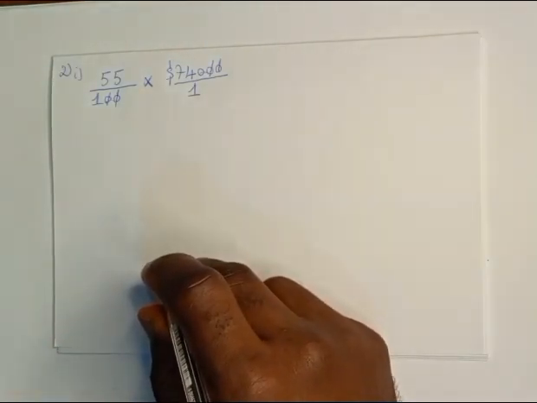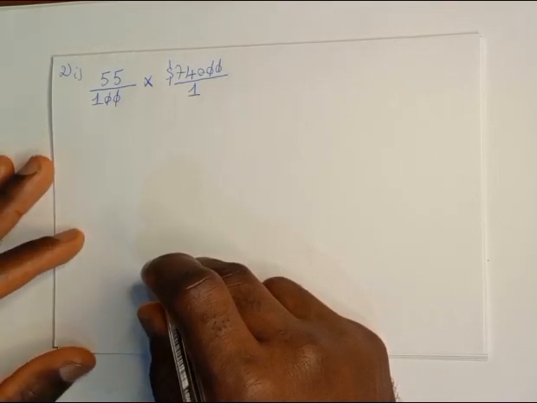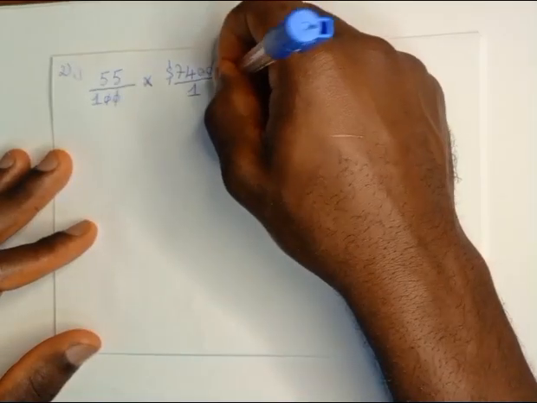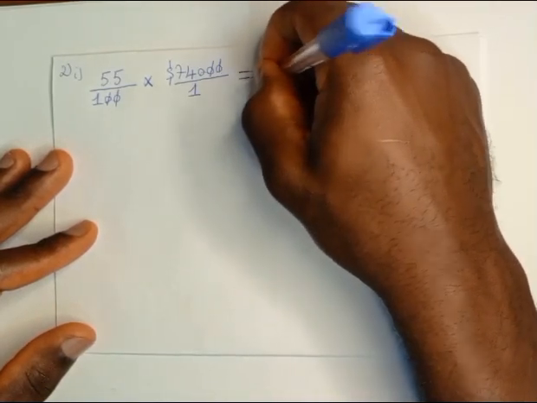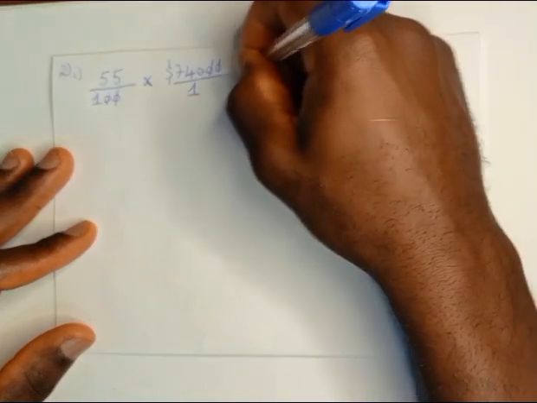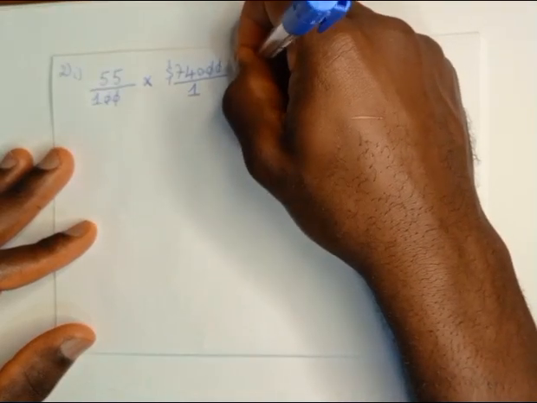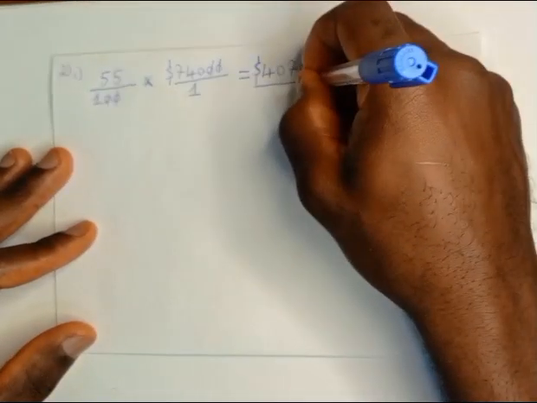We'll simply be left with 55 times 740, which gives us 40,700. This is 55% of $74,000.